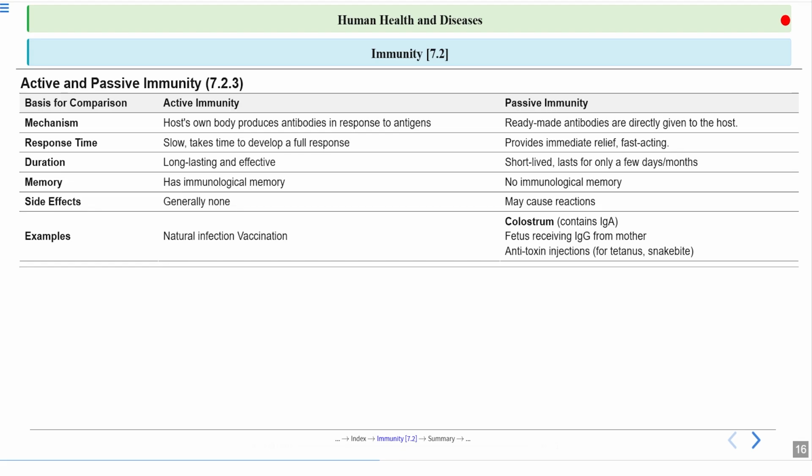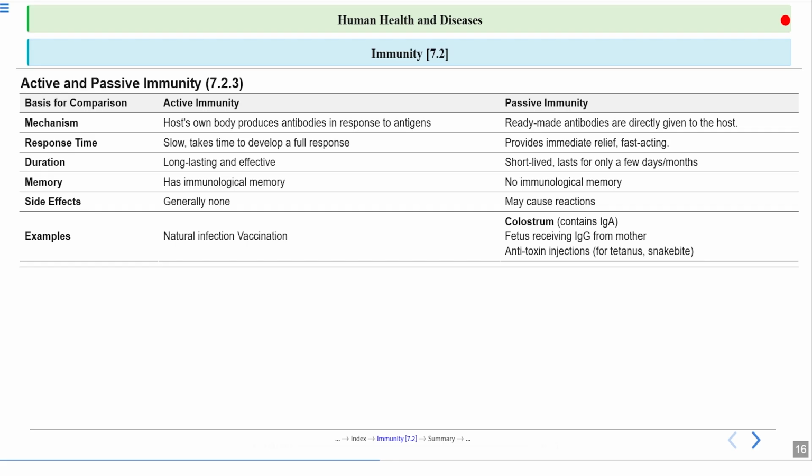Here the body is producing the response against the pathogen, against the antigen. While in the case of passive immunity, ready-made antibodies are introduced into the host. So the colostrum, which is the mother's milk, consists of the antibody IgA. During breastfeeding, the newborn child gets these antibodies from the mother.